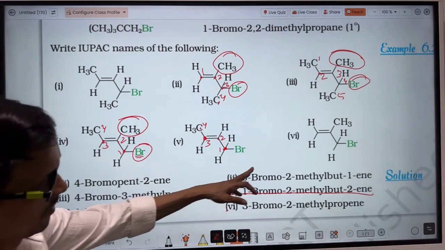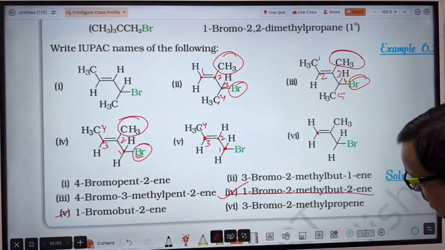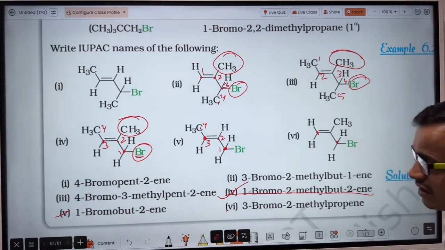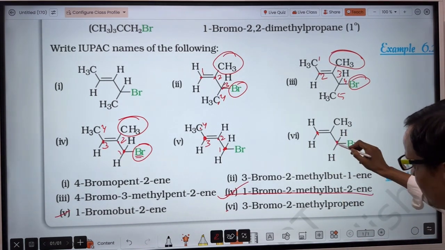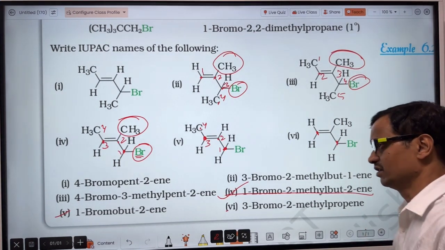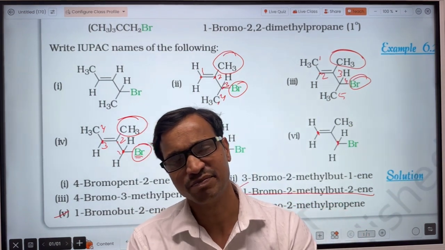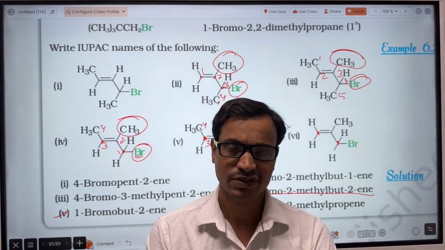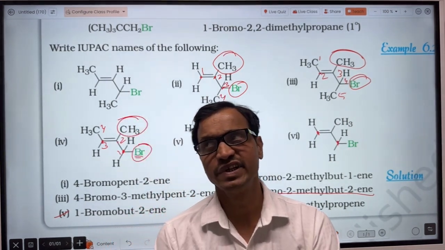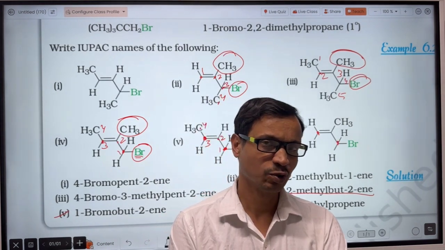Now here, the double bond is getting 1st position and the bromine is also getting 1st position from the other side. That means the double bond and the halogen both are at the same position, so we will have to prefer the double bond. So we will have to do the numbering in such a way that the double bond acquires the lowest position.